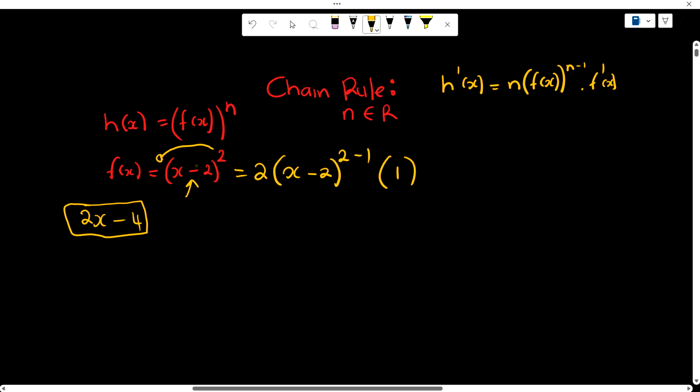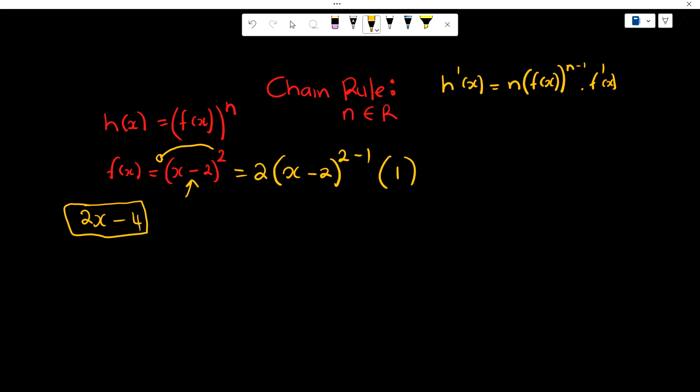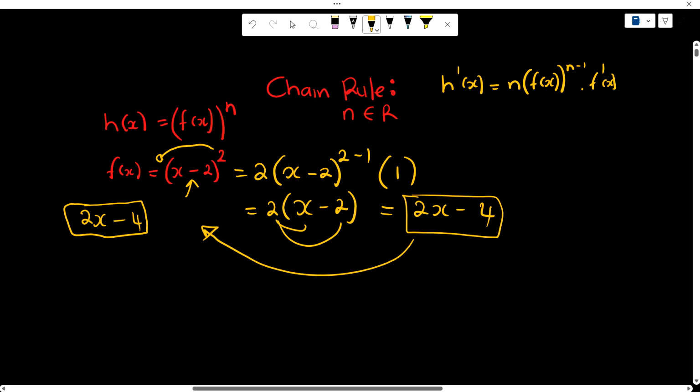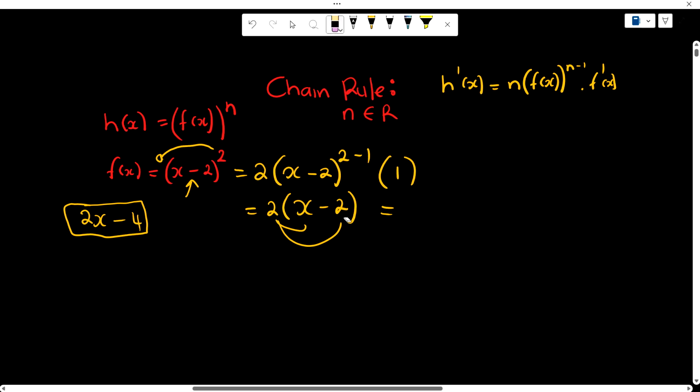If you differentiate what's inside here, you'll get 1. And now I can just solve. Here it will be 2, here I have (x minus 2), and then 2 minus 1 is 1. If you solve further, you have 2x minus 4. And look at that, we get the same answer.